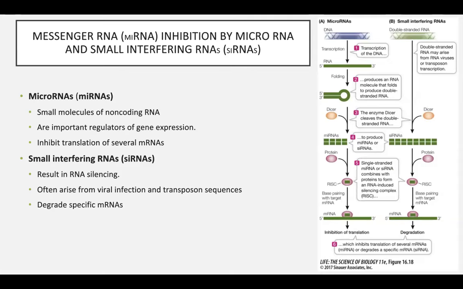Small interfering RNAs result in the silencing of RNA. They typically come from viral infections and transposon sequences, and they degrade specific mRNAs. For microRNAs, they inhibit the translation of several mRNAs. So it's not just a specific one, it's several of them. While small interfering RNAs degrade very specific messenger RNAs.